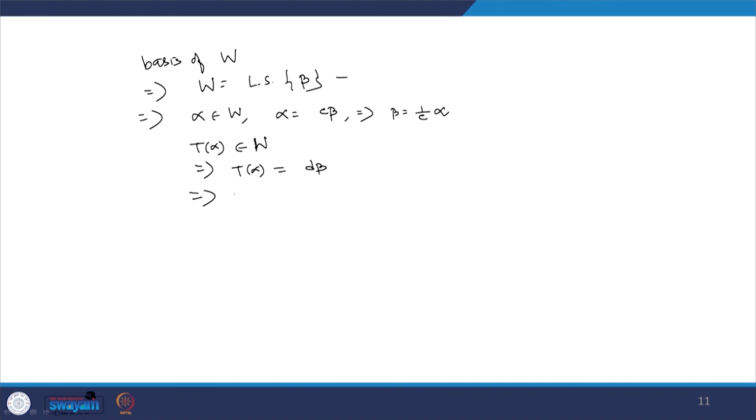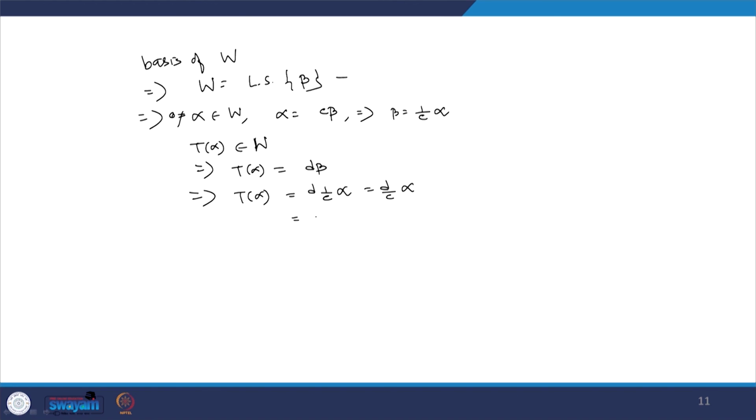So, T of alpha can be written as D into 1 by C into alpha, so it is equal to D by C into alpha. Let me consider alpha not equal to 0. Then certainly alpha equal to C beta means C is not equal to 0.